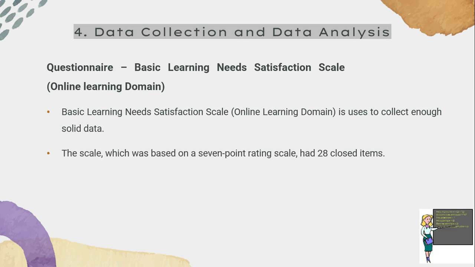So the scale was based on a 7-point rating scale and had 28 closed items. Because there are three basic psychological needs, which are autonomy, relatedness, and competence, coinciding with Oram Road 2011's basic learning needs.